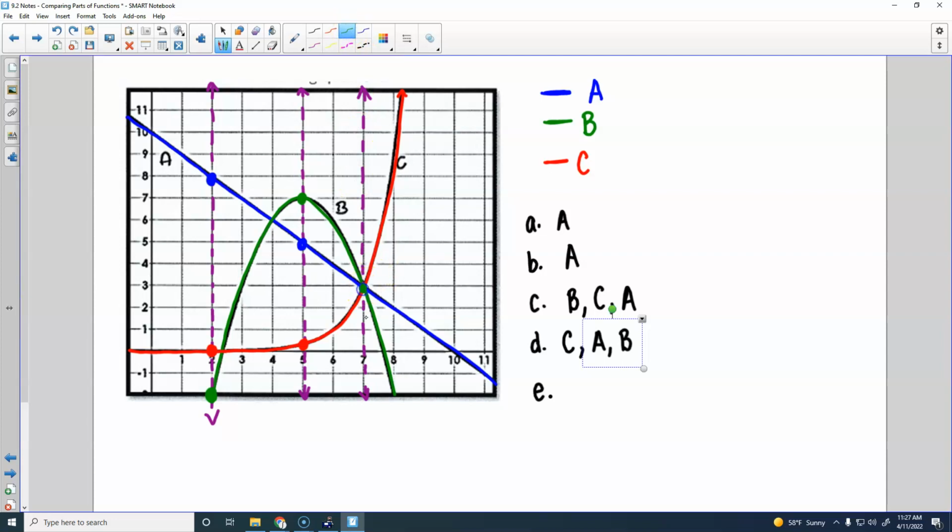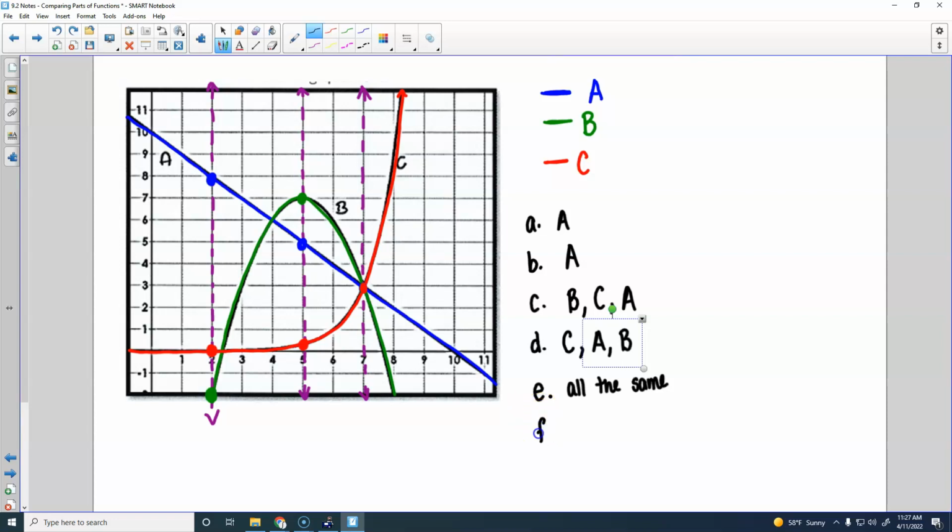The green graph hits the line right here. The red line hits the graph right there. They all have the same value, right? So that one's a little bit of a trick question. They're all the same. So you can't really list them from least to greatest because they all have the same value.